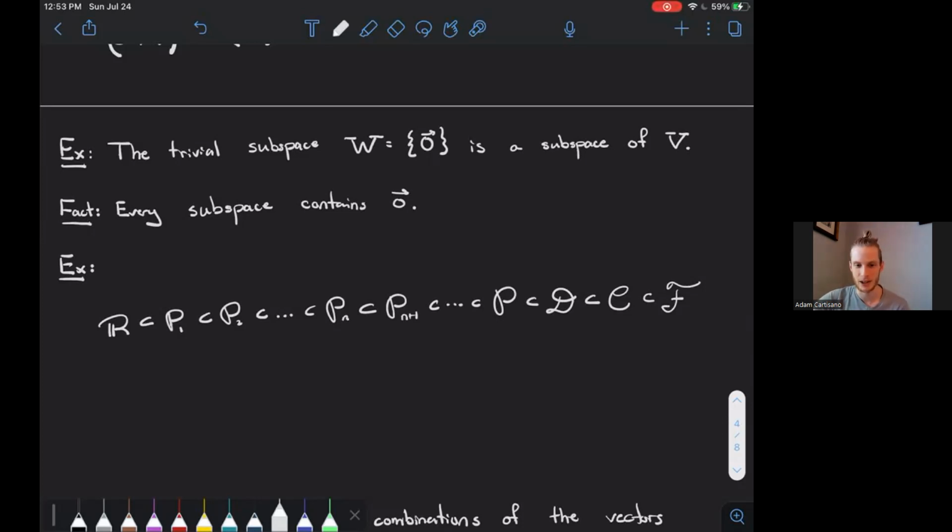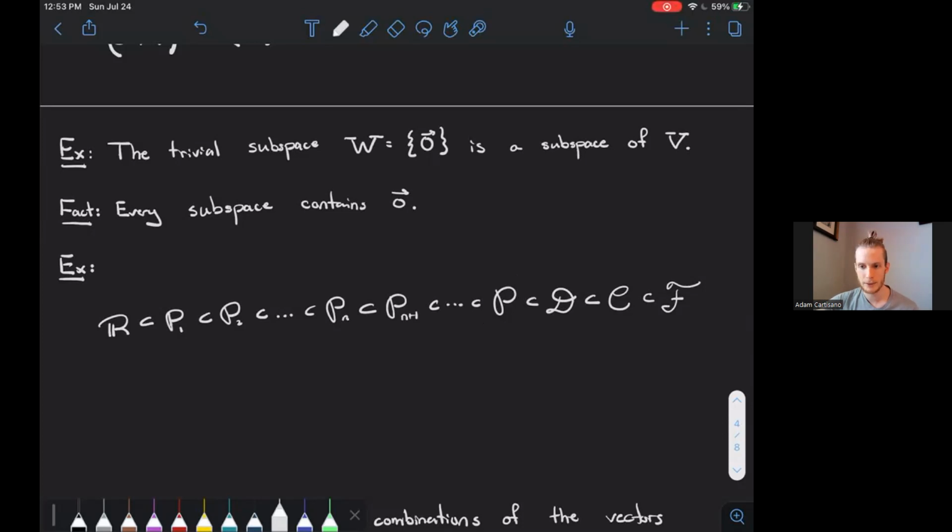And you can imagine this is going to go on forever. All of those are going to be subspaces of the space of all polynomials. No matter how big n gets, polynomials of degree less than or equal to n is always a subspace of the set of all polynomials.